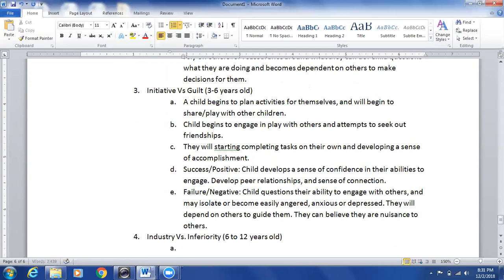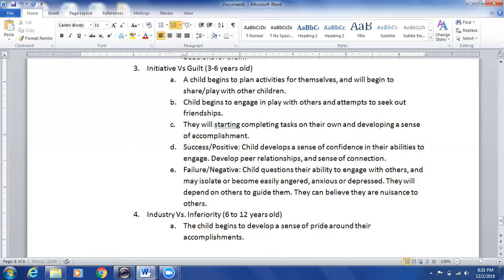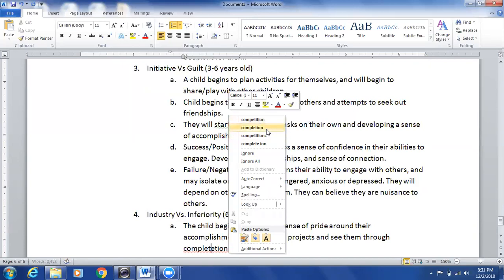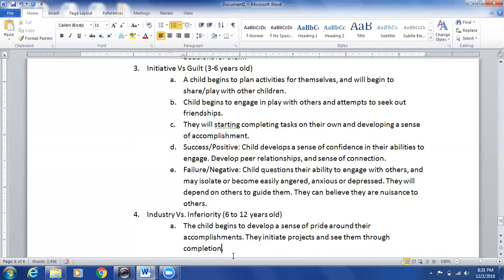And this is when the child begins to develop a sense of pride around their accomplishments. They initiate projects and see them through completion. They're actually able to stay focused and get it done.